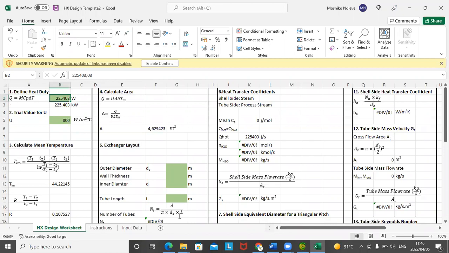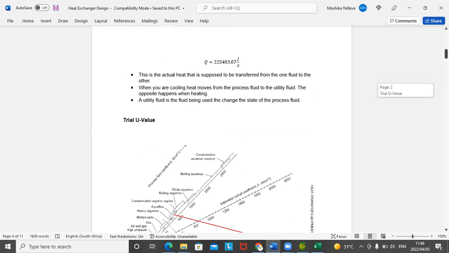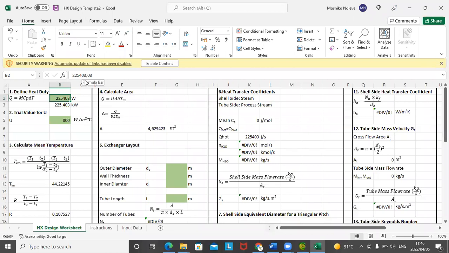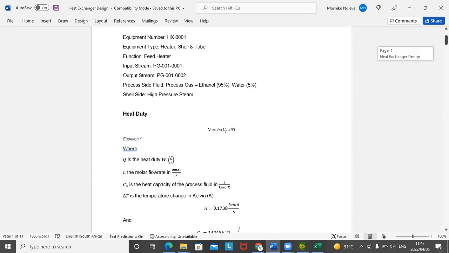Just want to make sure that our initial heat duty, 225,403.07, is correct.